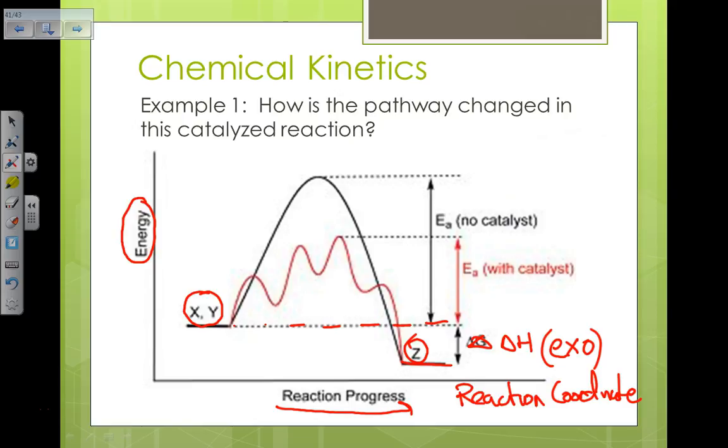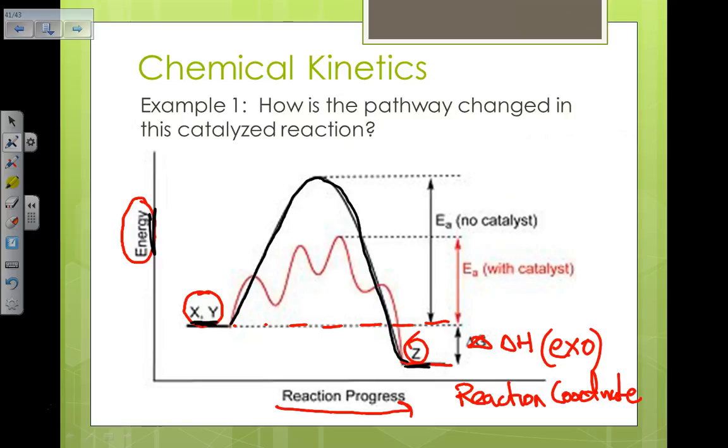But let's talk about this black hump here. I'll change my color to the black hump. Here's what we're doing. We're actually tracking the energy of the molecule as it transitions from the reactants to the products. So that's the chemical translation of this graph.